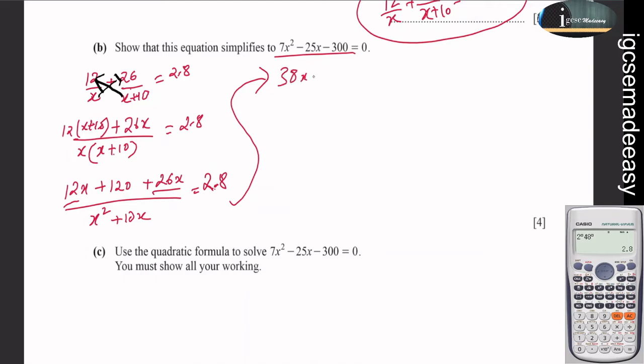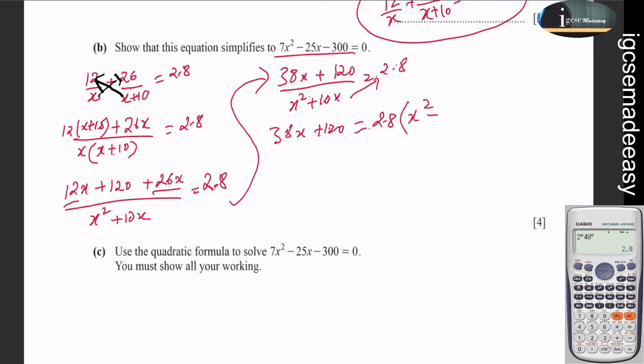So 38x plus 120 divided by x square plus 10x equals 2.8, right? Just simplified. Now this can be cross multiplied. So 38x plus 120 equals 2.8 multiplied by x square plus 10x.